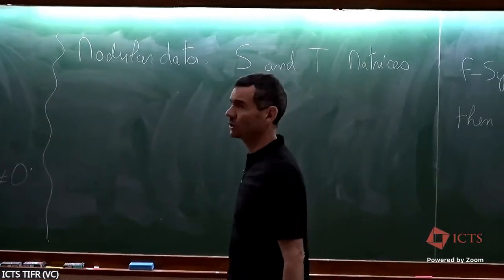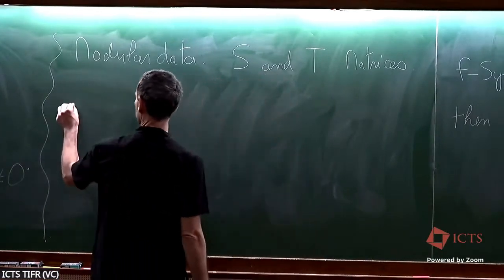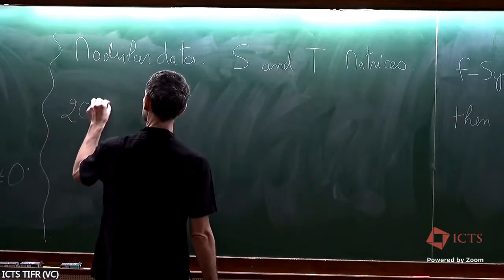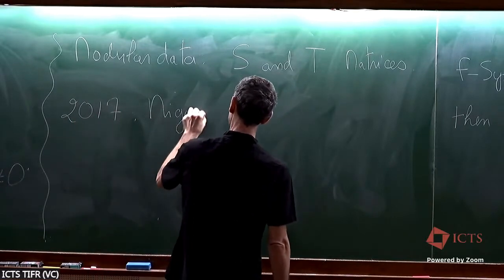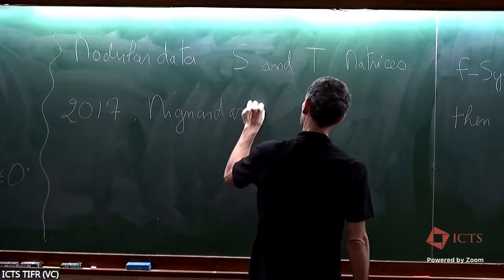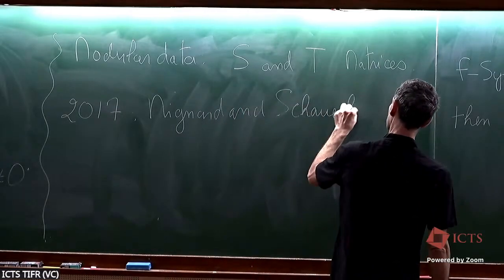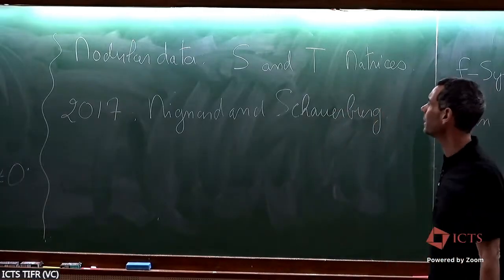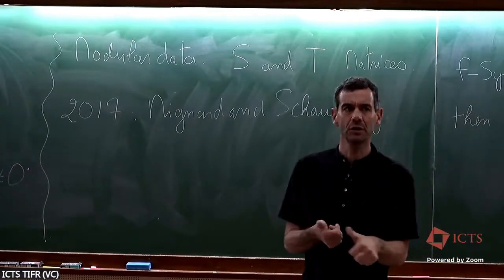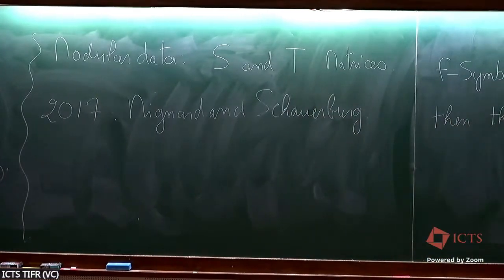So this is actually not true. The first counterexample was given in 2017 by Mignard and Schauenburg, who found a counterexample where you have the same fusion rules, the same S matrix, the same T matrix, but still different F and R symbols.